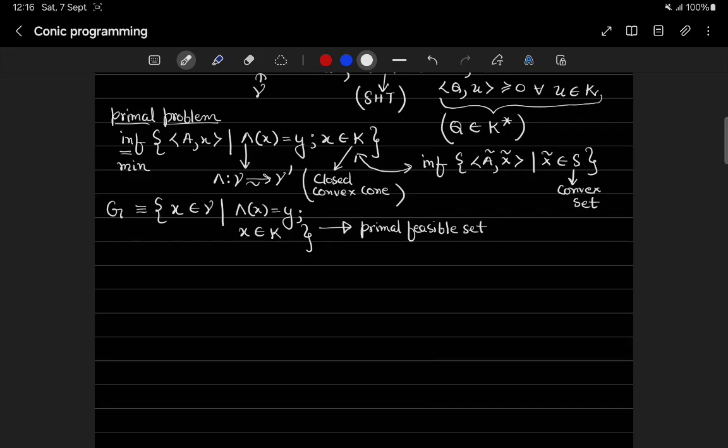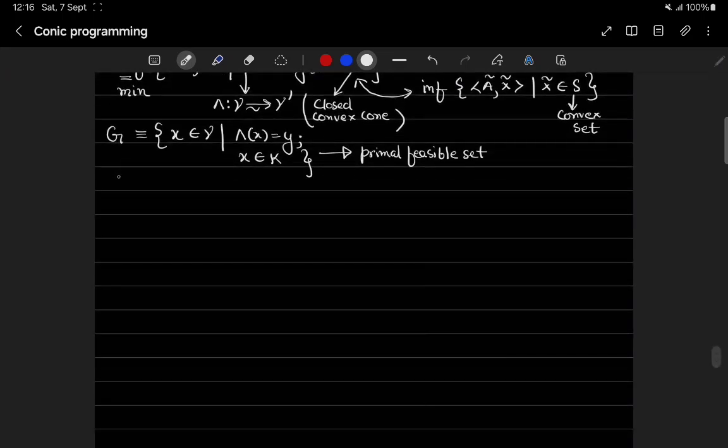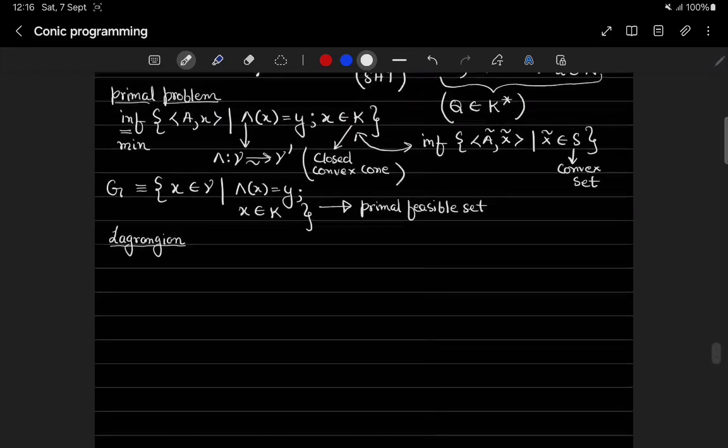And with this we can define the Lagrangian now. Let's define the Lagrangian of this optimization. It is L as a function of x, q and z. So q and z are Lagrange multipliers, which will give penalties to the constraints basically.